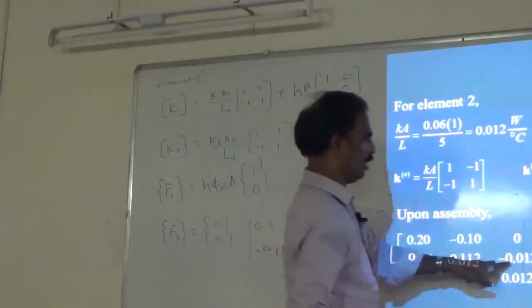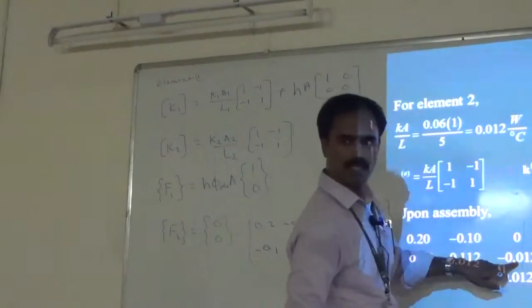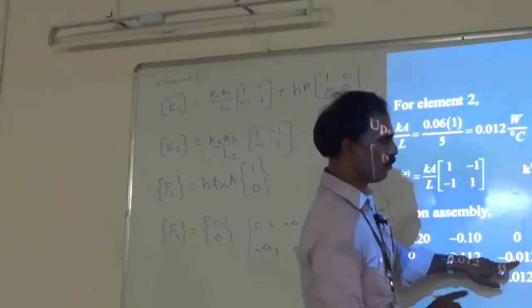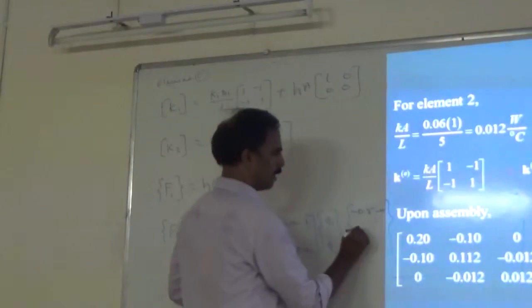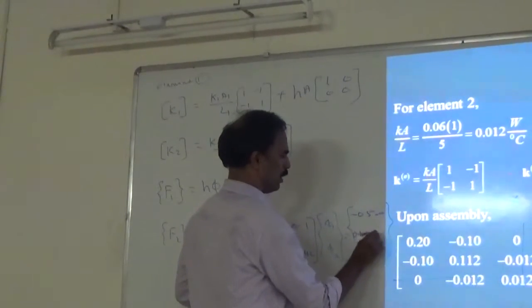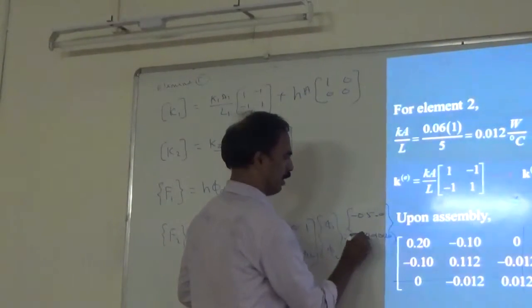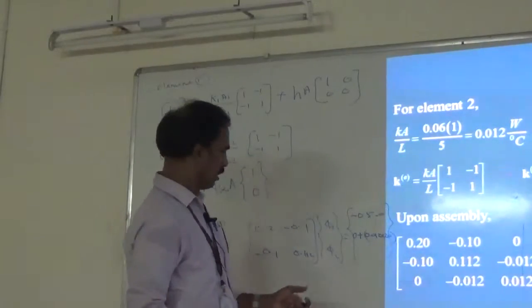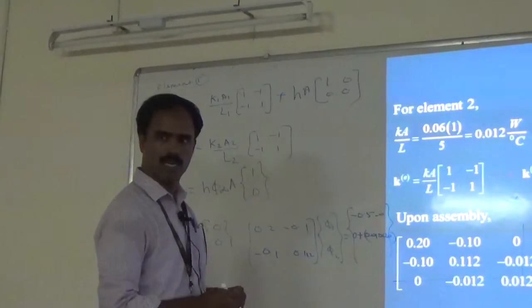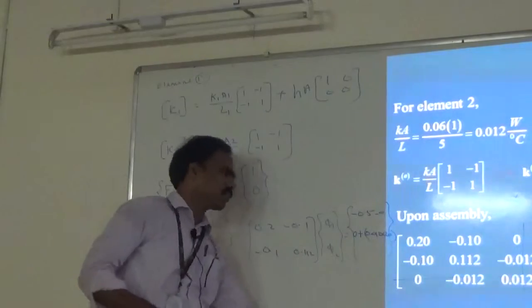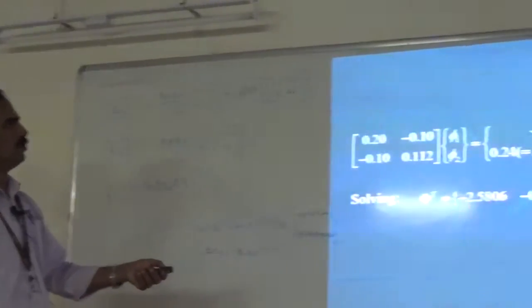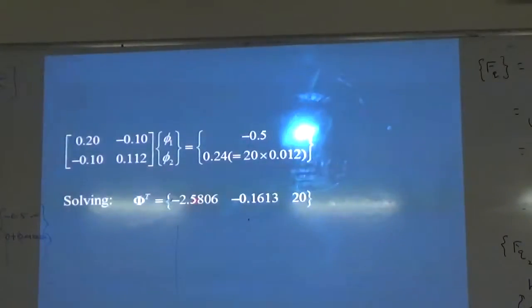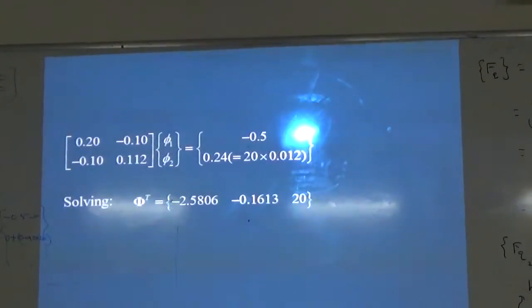Second one, 20 multiplied by minus 0.012, minus of that, the minus becomes plus 0.012 multiplied by 20. Right? I will solve for phi 1 and phi 2 from these two equations. These are the values T1, T2 and T3.